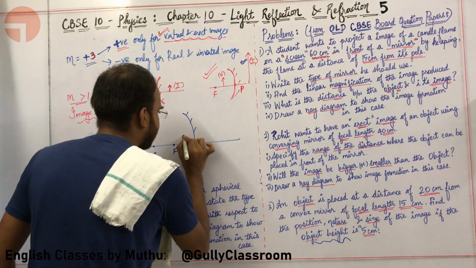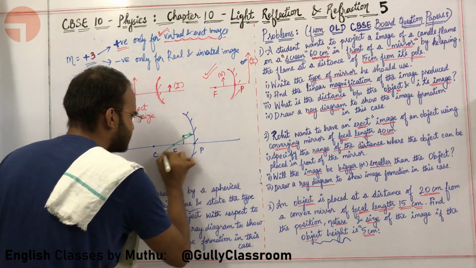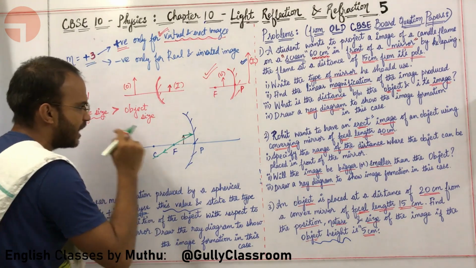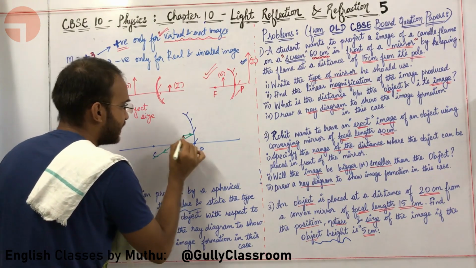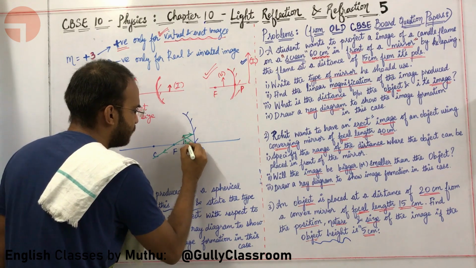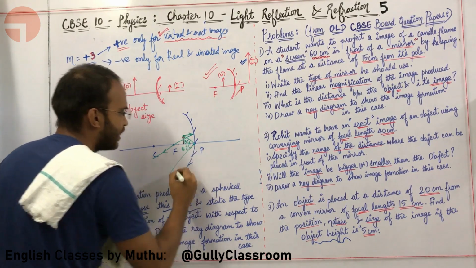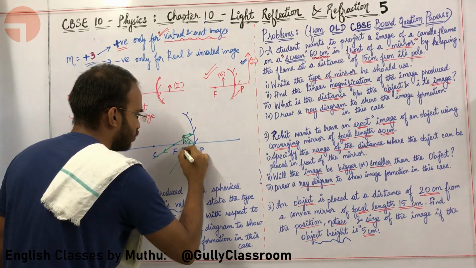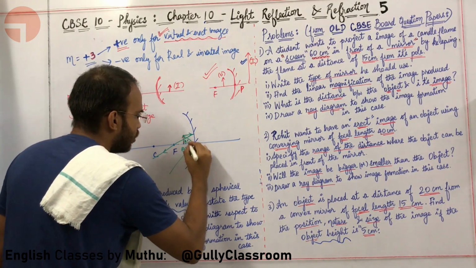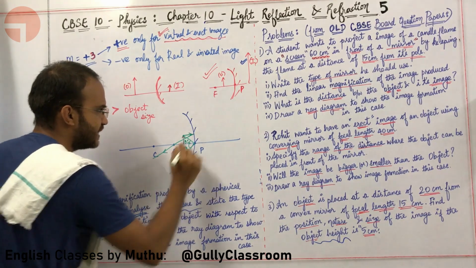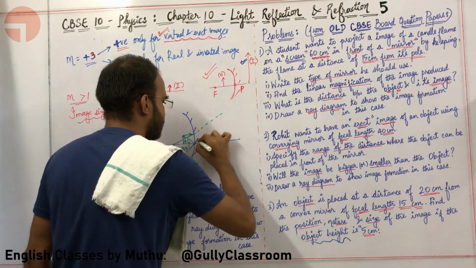So, a light ray is going parallel to the principal axis and it is passing through principal focus. The next light ray is going and hitting pole. Angle of incidence is equal to angle of reflection. Okay, both these rays are diverging. Diverging rays must be coming from some point.